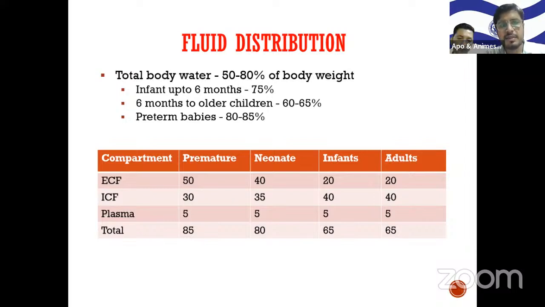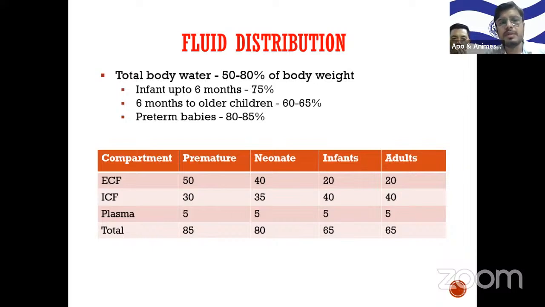Another important thing is the ECF and ICF ratio. The extracellular fluid component is quite high in neonates, and even higher in premature babies, and the intracellular fluid component is lower. So the ECF to ICF ratio in premature babies, compared to adults, gets reversed gradually.